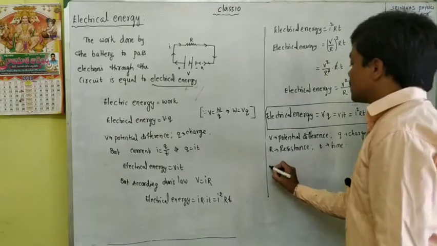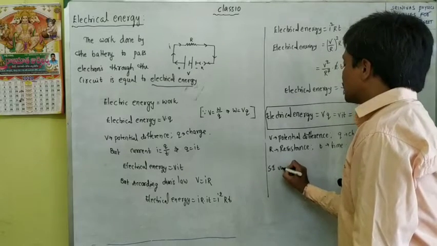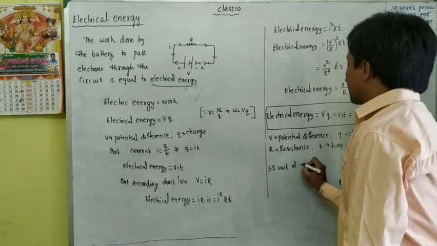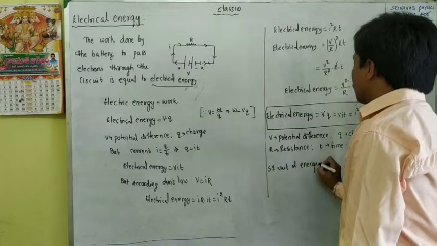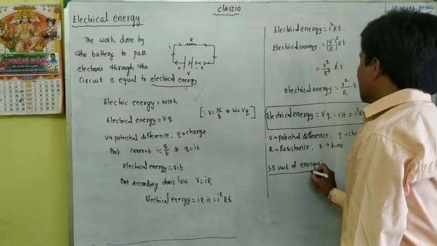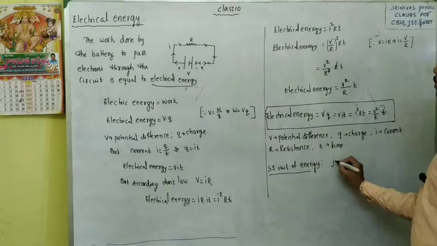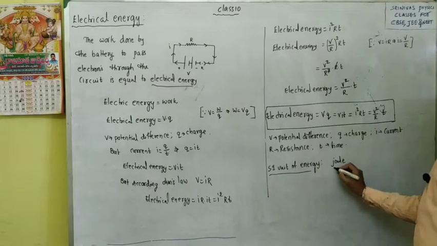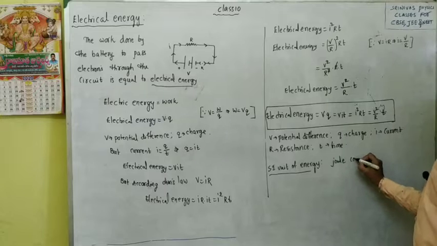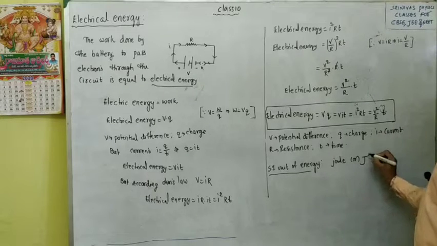What is the SI unit of electrical energy? Already we know in the 9th class, the energy unit is Joule. If you want to write the symbol, capital J we have to write.